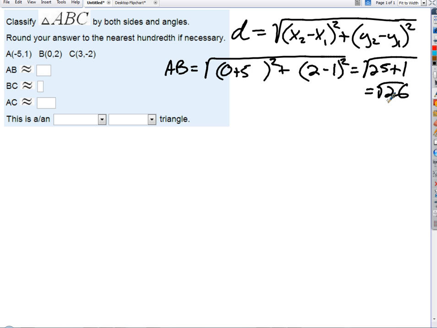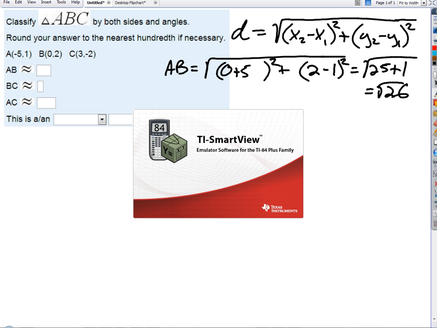And we could put that into our calculator and get a decimal answer. They want us just to round to the nearest hundredth, so we'll do that.